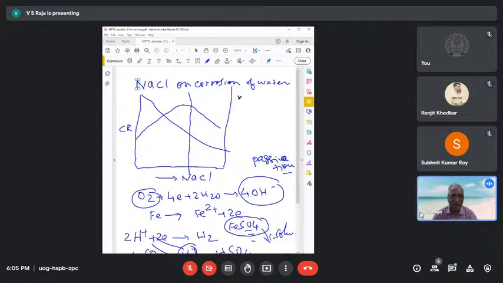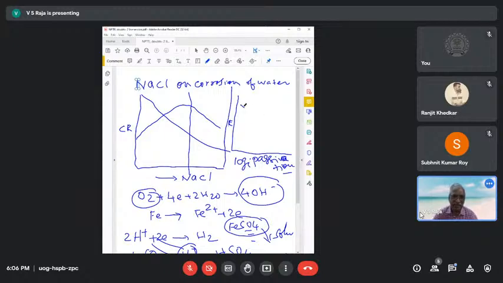You have to start with Evans, because the Evans diagram talks about the polarization of metals. Suppose let's take potential E versus log I. Suppose I take a metal, steel, immersed in 0.8 molar sulfuric acid.